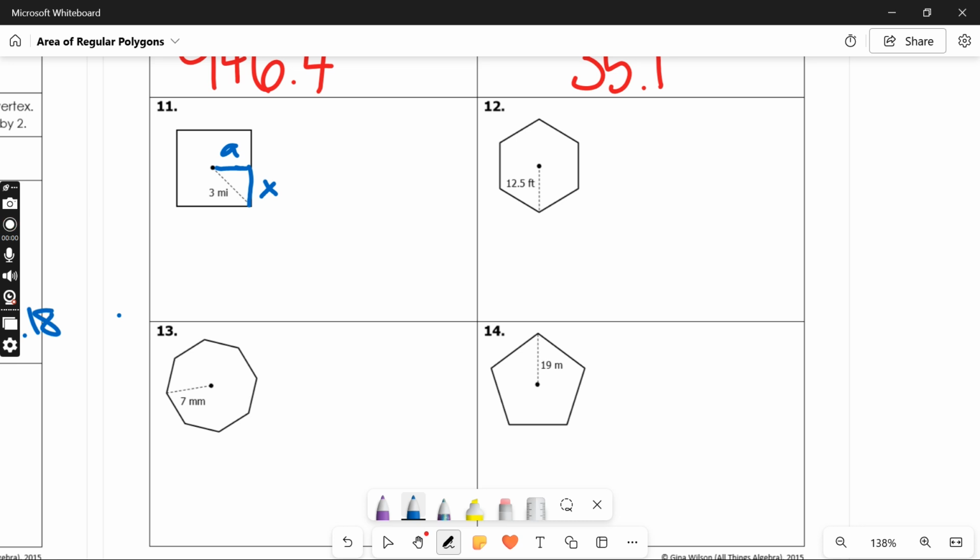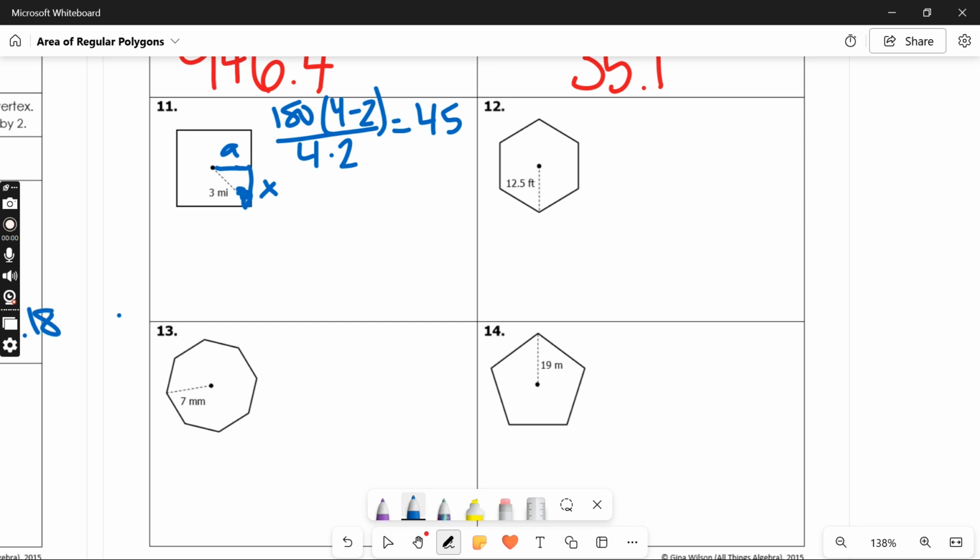My first job is still to find that angle. So I'm going to do 180 times 4 minus 2 over 4 times 2. When I do this, I get that my angle is 45. To find A, because this is the angle here, I'm looking for A and I have the hypotenuse. So that's the opposite and the hypotenuse, which means I'm going to use sine.